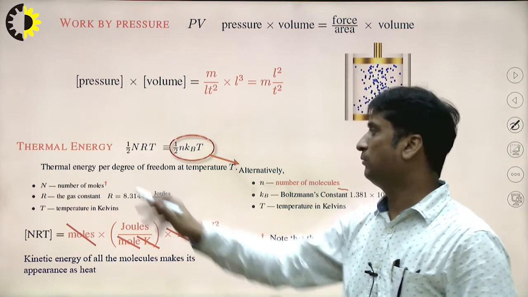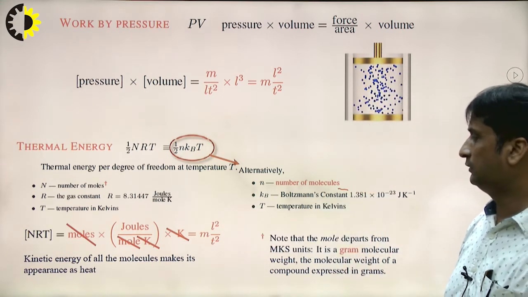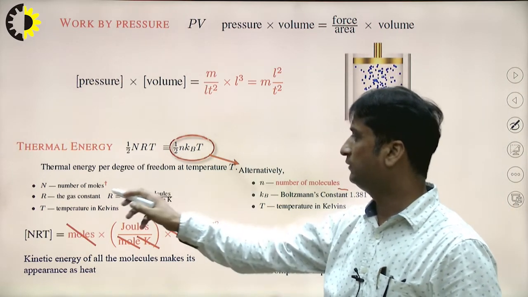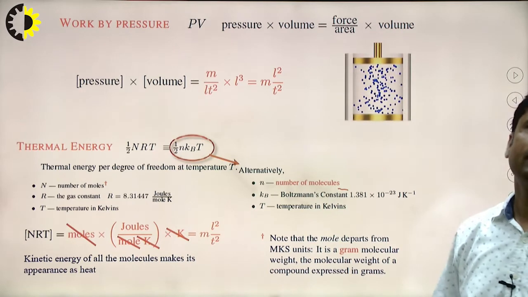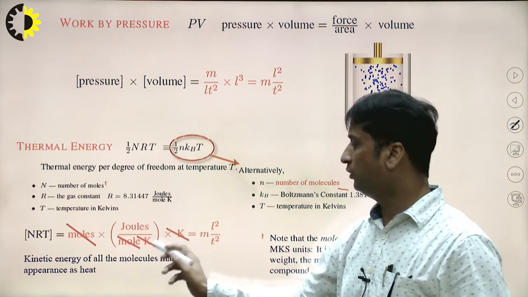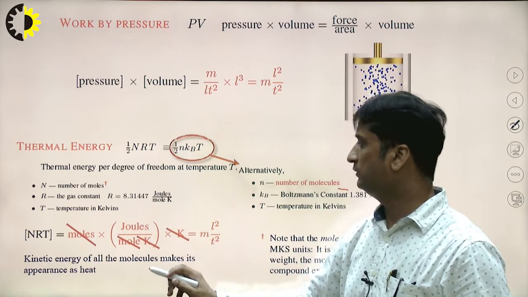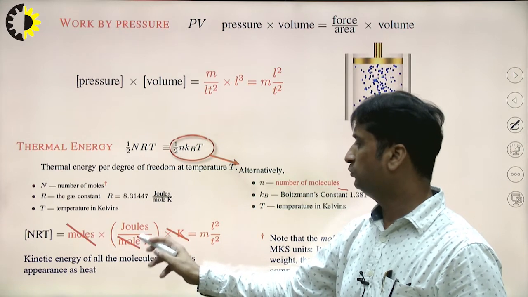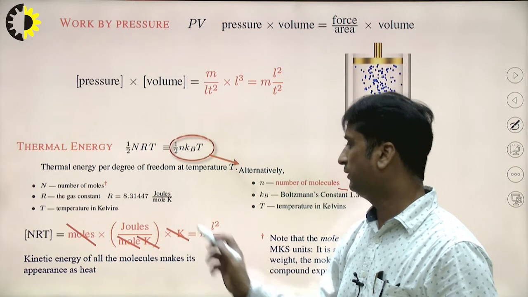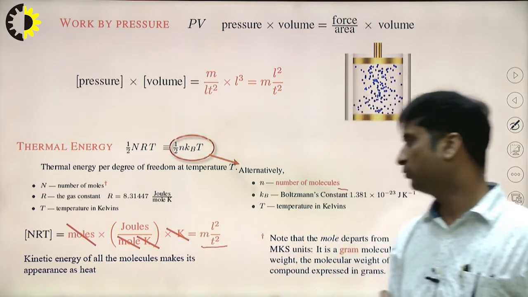Again, for the thermal energy, if we calculate the energy in case of heat, this is a well-known expression, where n is the number of moles, R is the gas constant, and T is the temperature. If we put all the units, 1 mole, joules for energy, joules per mole Kelvin as the unit of R, the gas constant, times K, that is T, it comes out to be m L square T^-2.